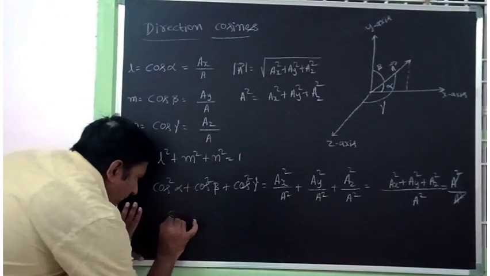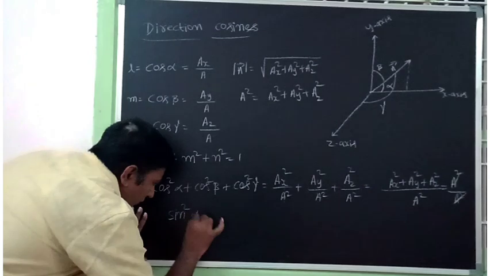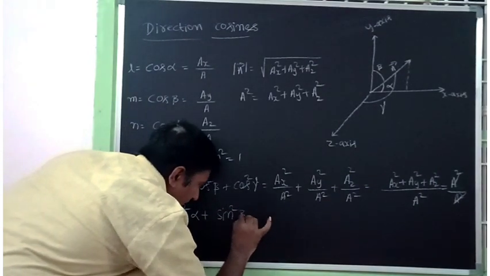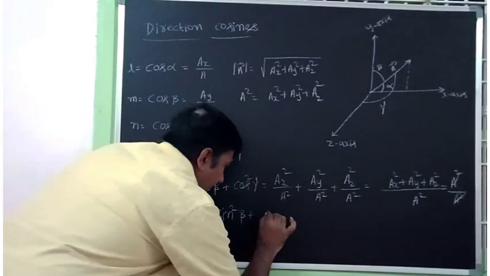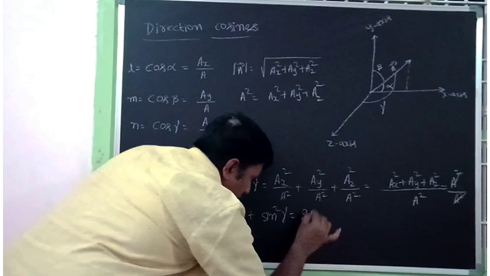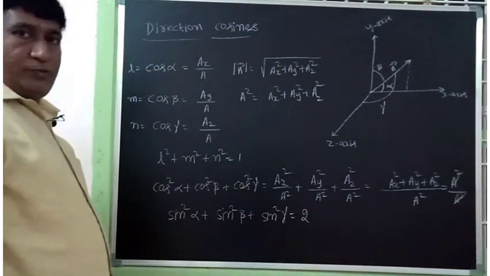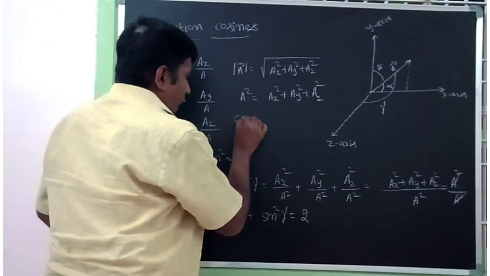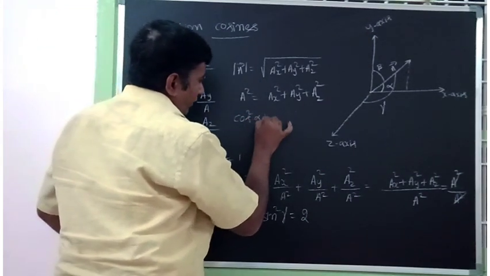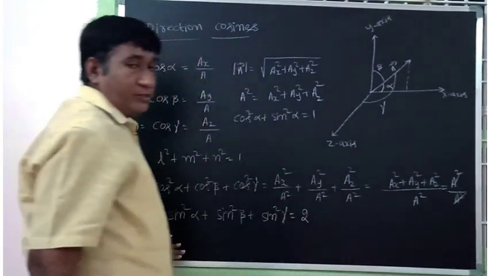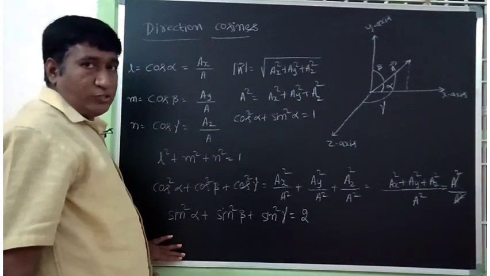In a similar manner, we can write sin square alpha plus sin square beta plus sin square gamma is equal to 2. How can we prove this? What we know is cos square alpha plus sin square alpha is equal to 1, that is, cos square theta plus sin square theta is equal to 1.